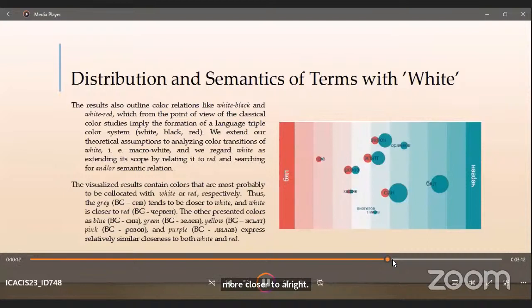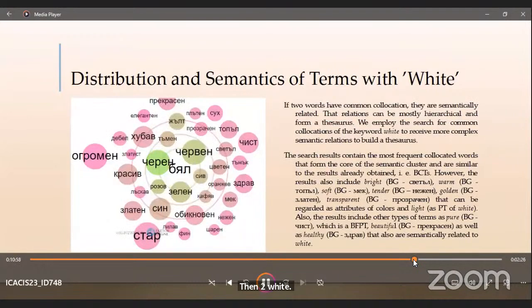Later, we also studied results related to the extraction of the thesaurus. Thesaurus relations are more complicated than collocation, and they give much more sophisticated semantic relations between words. Such results contain within the main core part of the cluster.